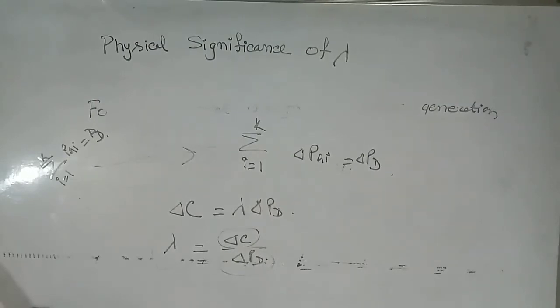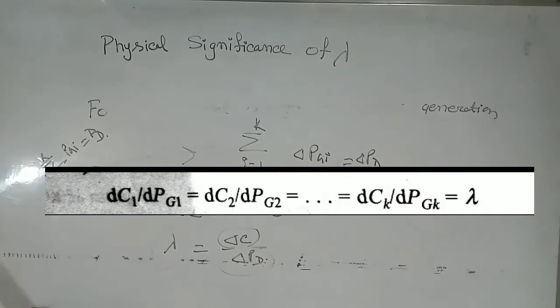Now this equation is called the coordination equation. The k equations are solved simultaneously with the load demand to yield a solution for the Lagrange multiplier lambda and the optimal generation of k generators.